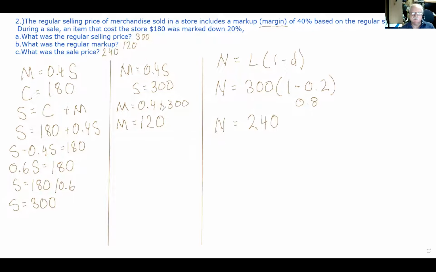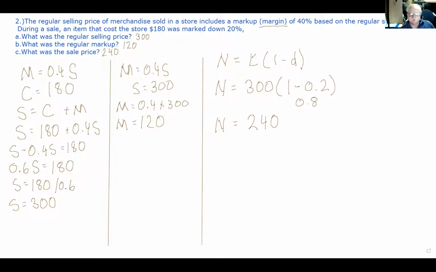So any questions on how that worked? Hello, sir. Sir, I did not understand the last part, N is equal to L(1 minus D). How does it work? Okay. This is the equation we used in the first part of chapter 5. So N is the net price and L is the list price.